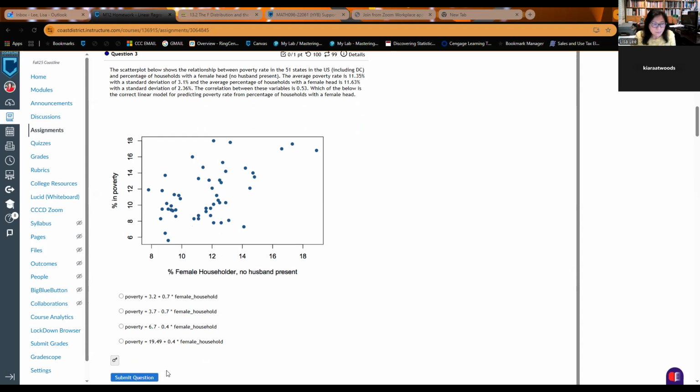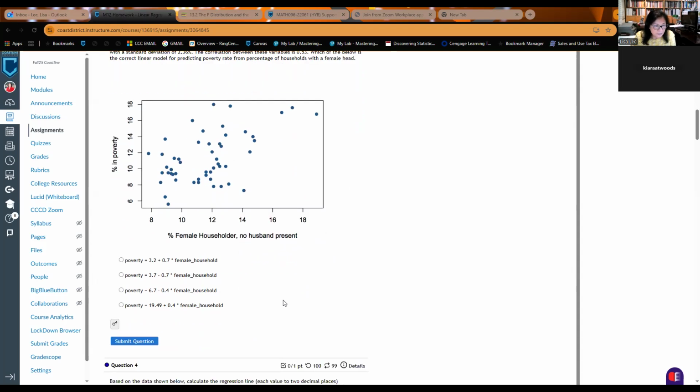Keep this in mind. The problem already gave you the equation, so you just need to use the concept. Since it tends to go up like that, when we increase the percent of female households to the right, the vertical line also goes higher. That's positive, increasing. So you have to look at your equation, looking for the slope being positive.